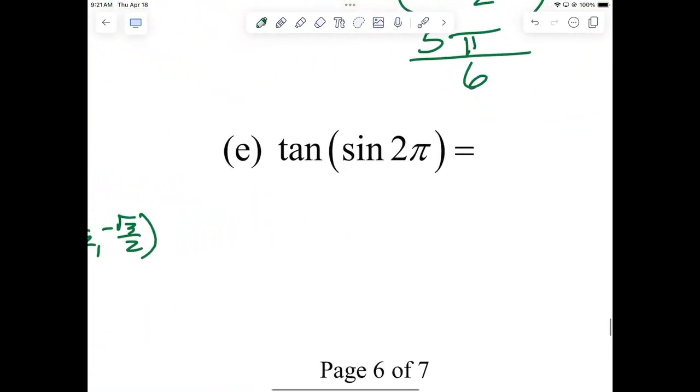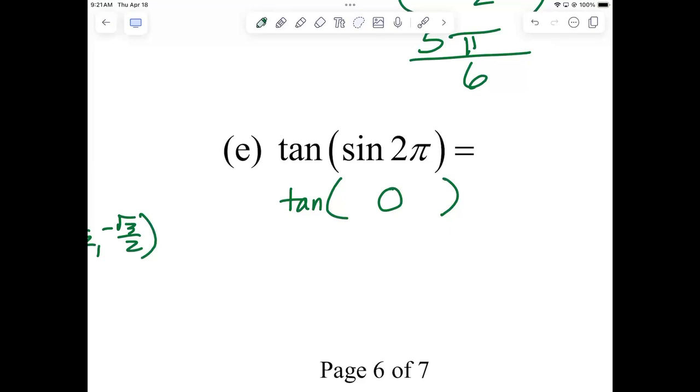Tangent of sine of 2π. Now notice this one's interesting. This is not inverse tangent of sine, and it's not tangent of inverse sine. These are both trig functions, aren't they? So their inputs are both angles. Well, let's see if it works. We got tangent of sine of 2π. What's sine of 2π? 0. It's 0 the ratio, right?